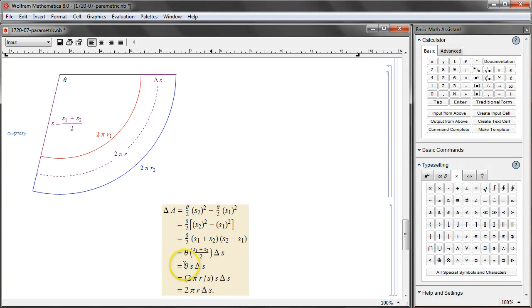And then theta now, that can be represented according to radian measure as arc length over the radius. What is the arc length? Let R be the average of R1 and R2, red and blue.